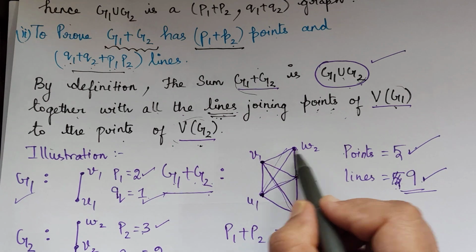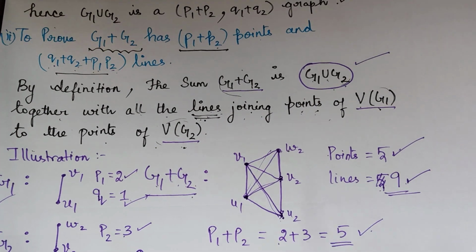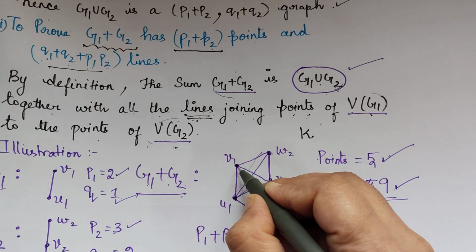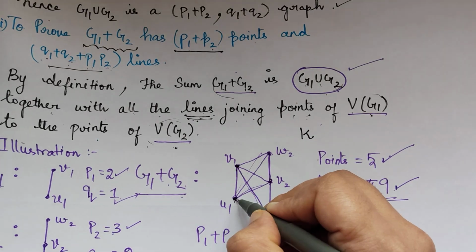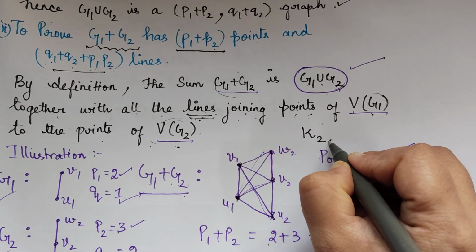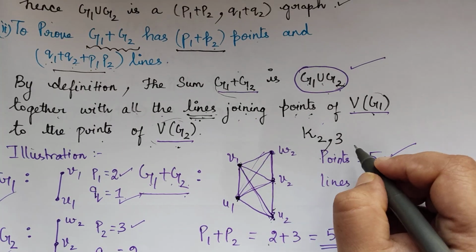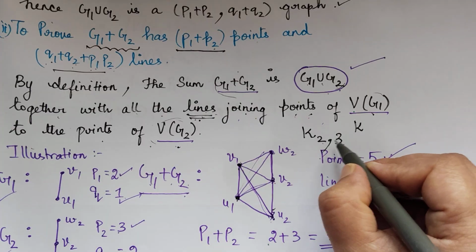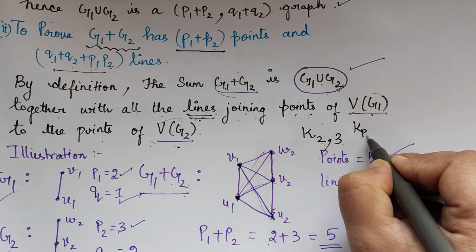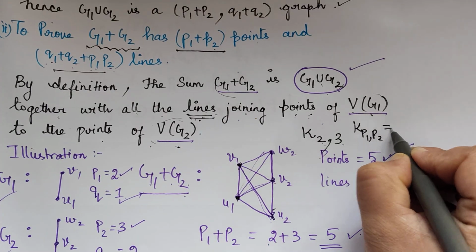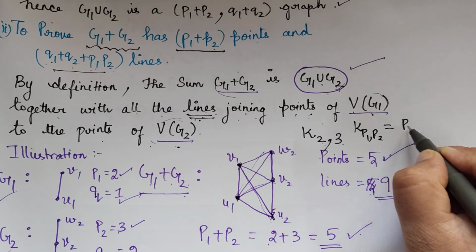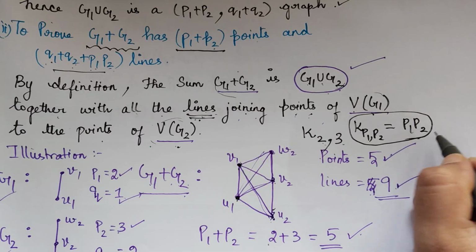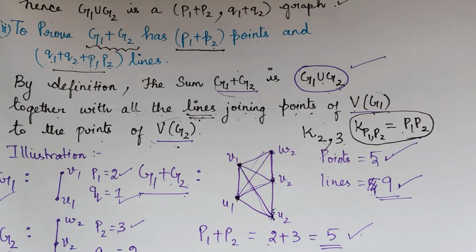But I told you it is the same as the bipartite condition. So how is it? It is like a complete bipartite graph K where one part has 2 vertices and the other part has 3 vertices. And we know that for the bipartite graph K with P1 comma P2 vertices, the number of lines will be P1 multiplied with P2. This is by the definition of complete bipartite graph, which we have seen in our previous video lectures.